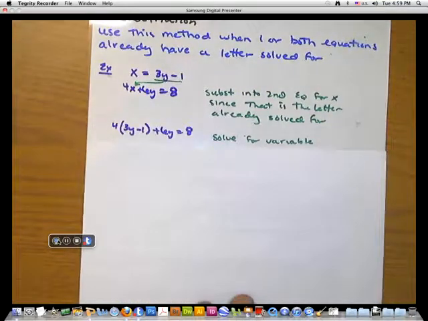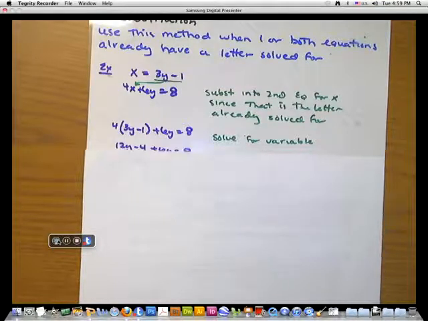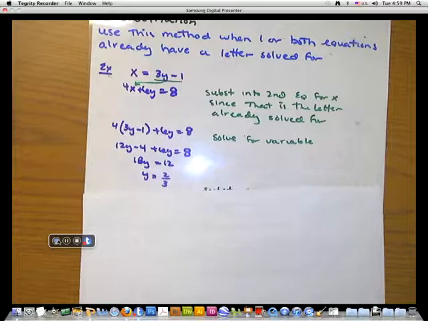So we get 4 times 3y minus 1 plus 6y is 8. And at this point we only have one letter, and we should be able to easily solve for one letter by distributing, combining like terms, and solving.